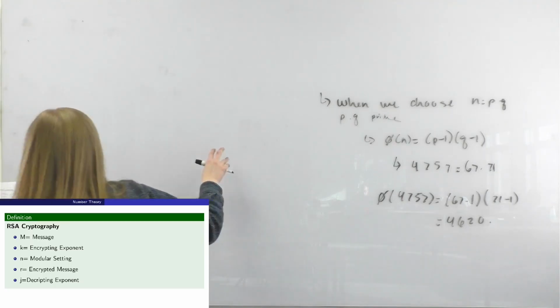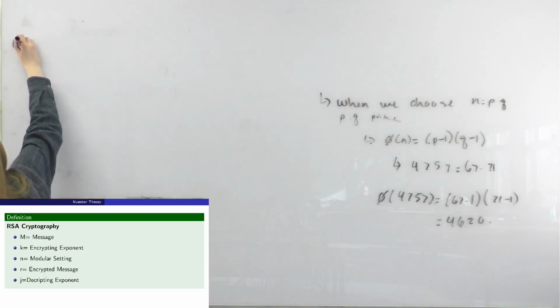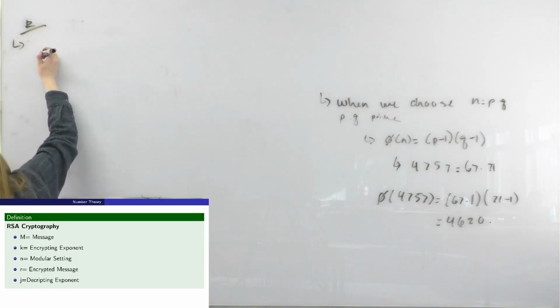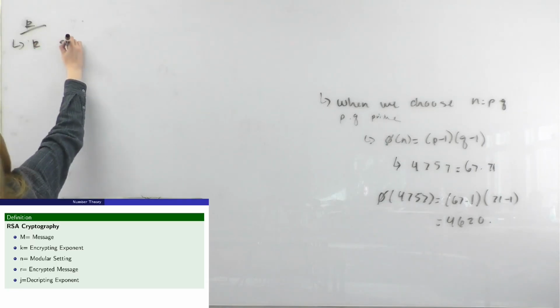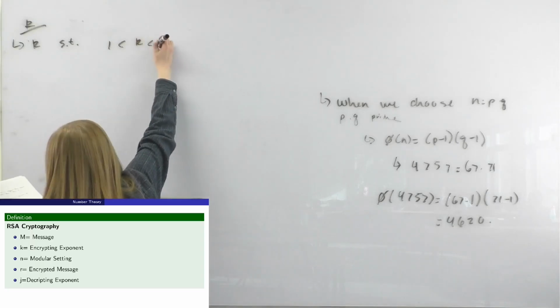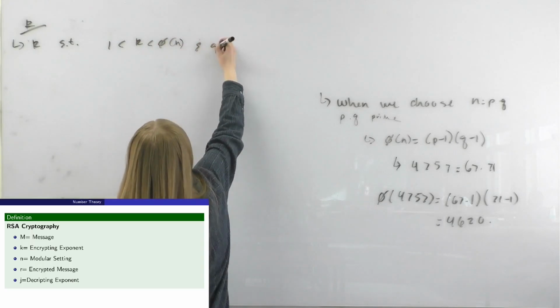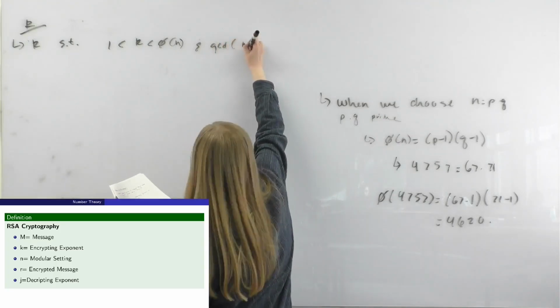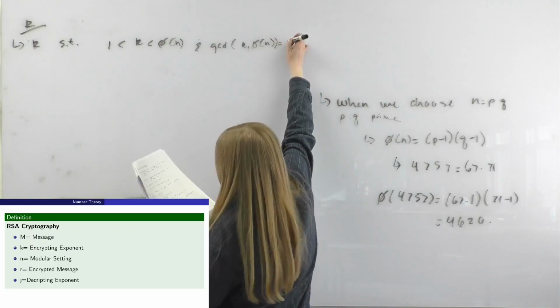Okay, so this is where we get n. So where do we get k from? So this is about k. We choose k such that it's greater than 1 and less than phi of n, and the GCD of k and phi of n is 1.